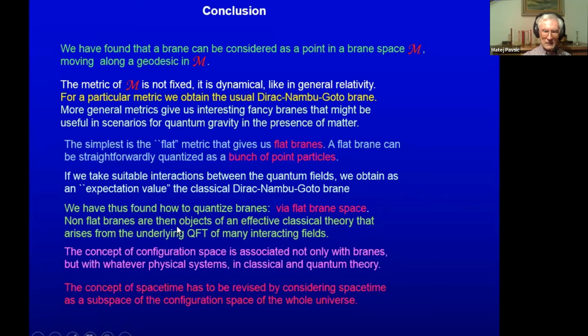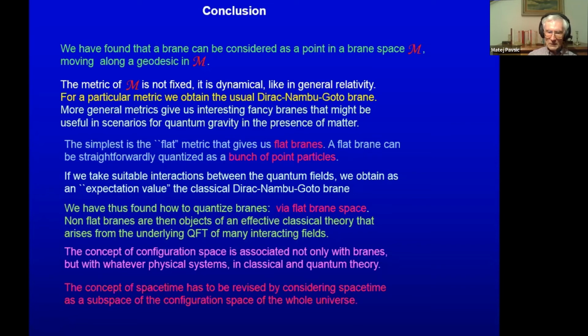Non-flat branes are then objects of an effective classical theory that arises from the underlying quantum field theory of many interacting fields.